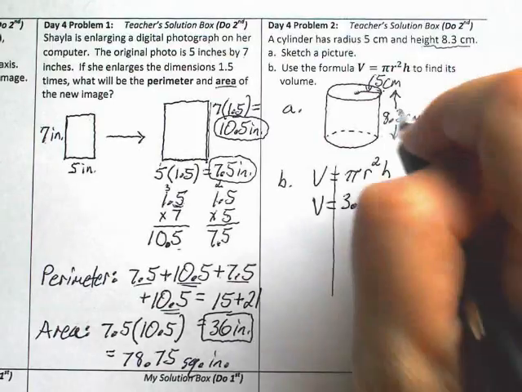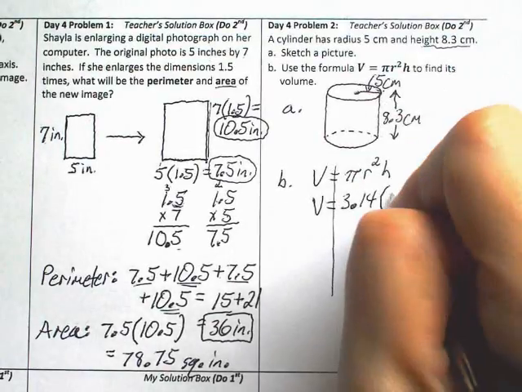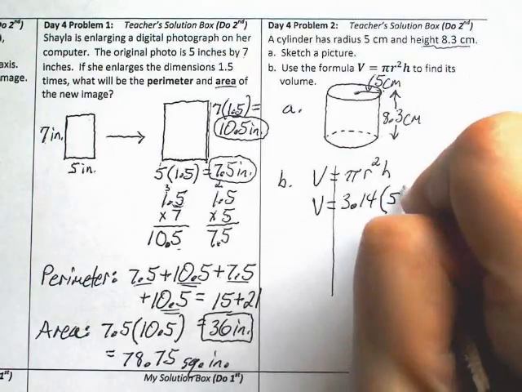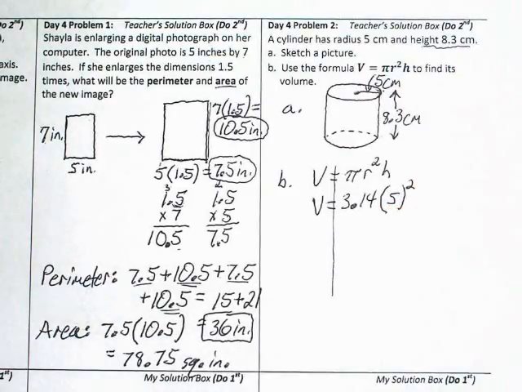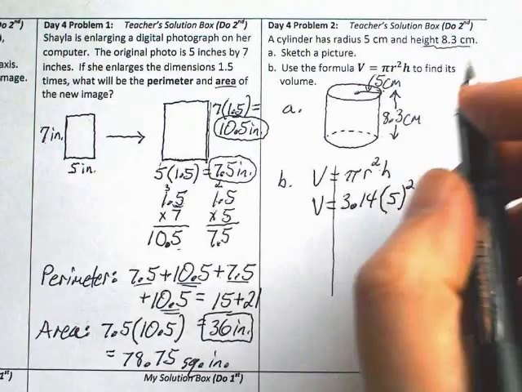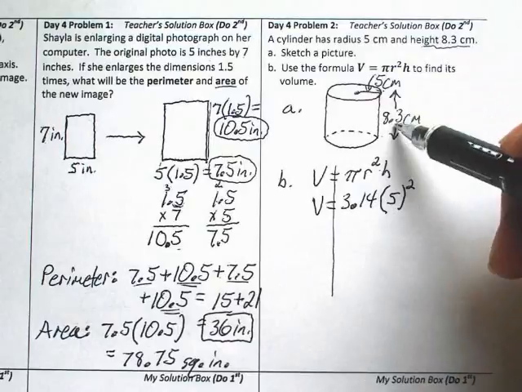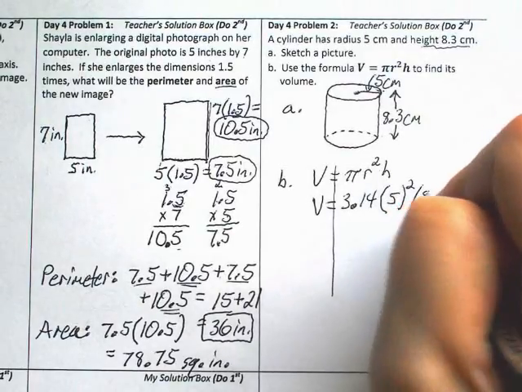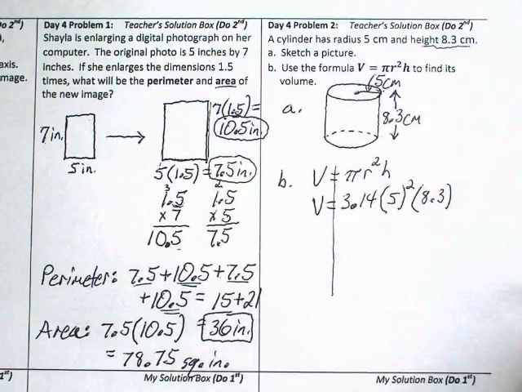For r, the radius, that is 5 centimeters. So 5 gets filled in for r, and that is squared in that formula. And then here on the end, it says times h, times the height. That is 8.3.